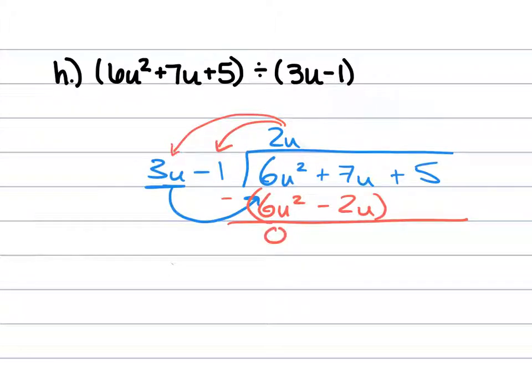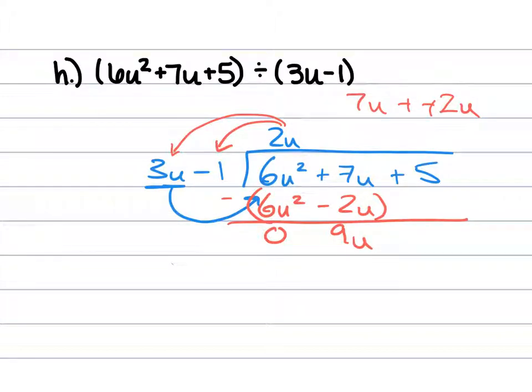And now this one, be careful with. 7u minus negative 2u. What does that become? They become positive. 9u.